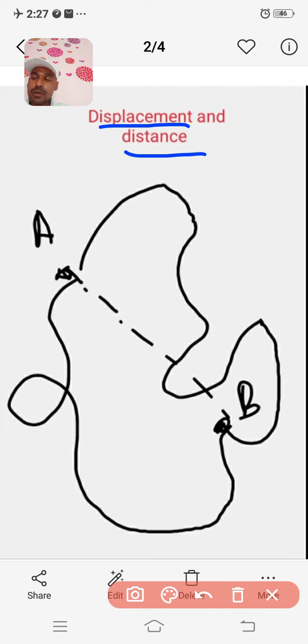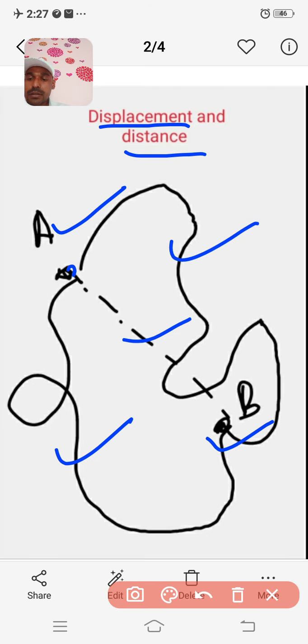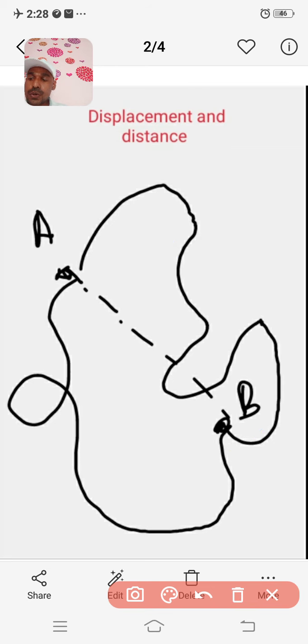On screen I have drawn initial point A and final point B, and I have drawn several paths from initial point A to final point B. We measure the distance between point A and point B in different ways shown in the figure.